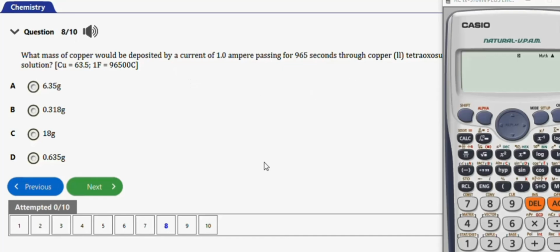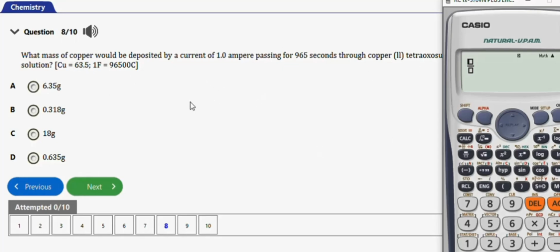So to solve this question, how you're going to do it will be to get the mass. We are going to do the quantity of electricity times the mass number of copper here, which is 63.5, over the number of coulombs.